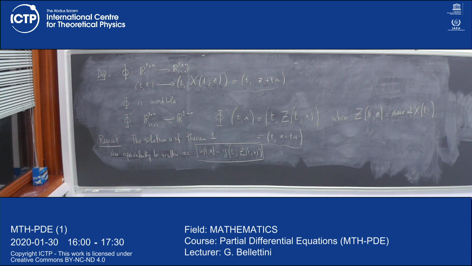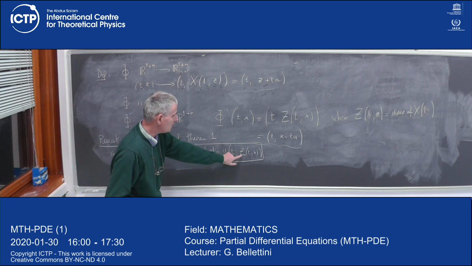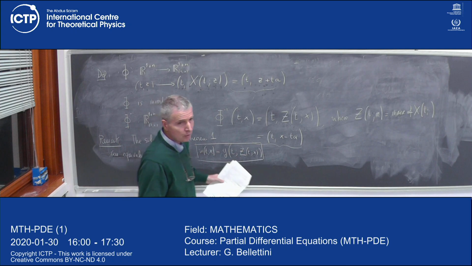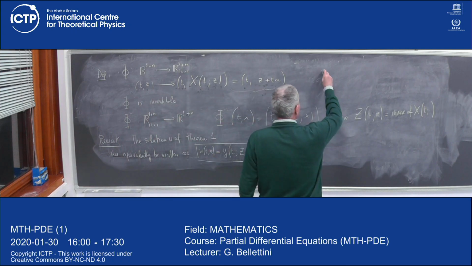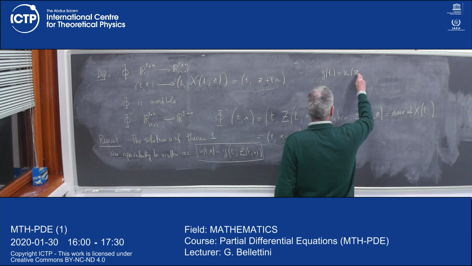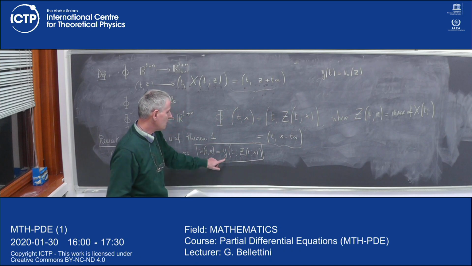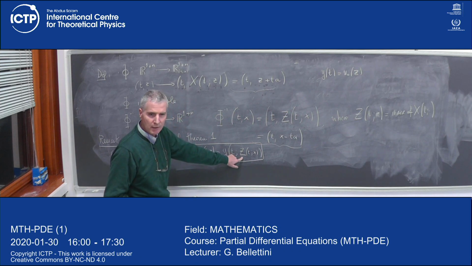Now let us check that this is true in this case, which is actually very trivial. Why is it so? Let us compute Y of T, Z of Tx. Remember that Y was constant. Y was U0 of Z, right? So this is U0 of capital Z of Tx.